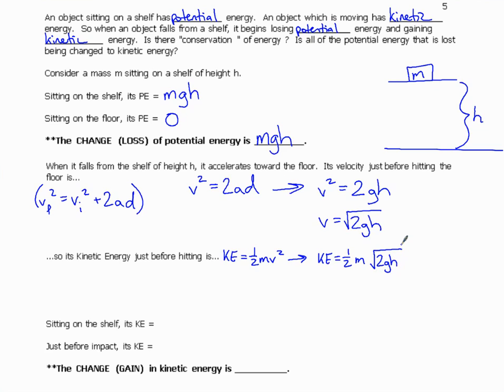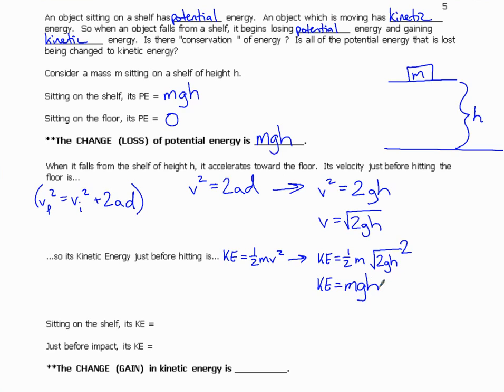We have to square this thing. So that's going to get rid of our square root, it's going to get rid of our exponent. The 2's will cancel. We end up with kinetic energy equals mass times gravity times the height.